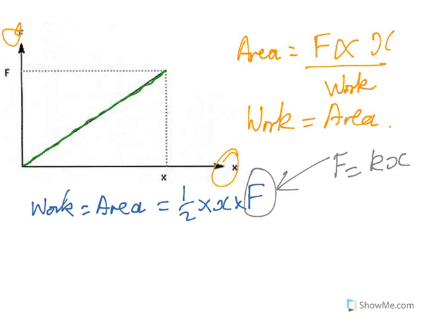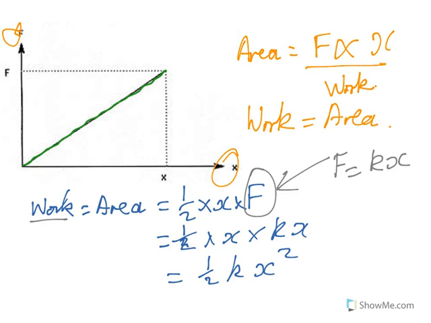I'll leave the negative out. The reason for that is that while force is a vector, work is not, so for work it is irrelevant whether it's a negative or a positive value. And so if we put that in there, we get half times x times kx, which when we neaten that up is half kx squared.